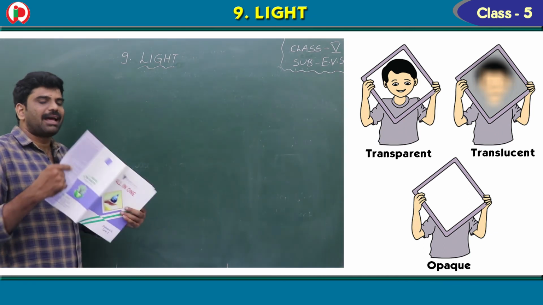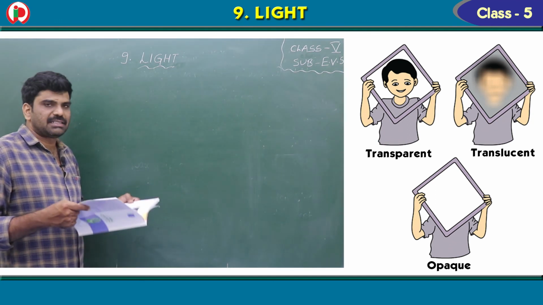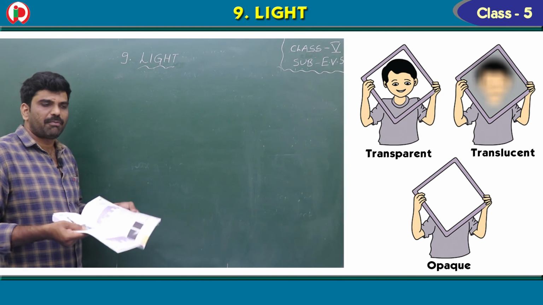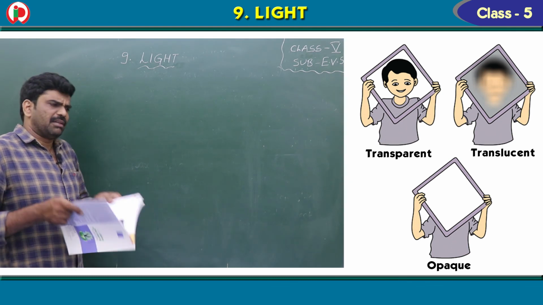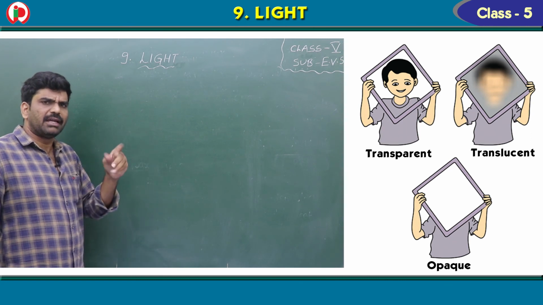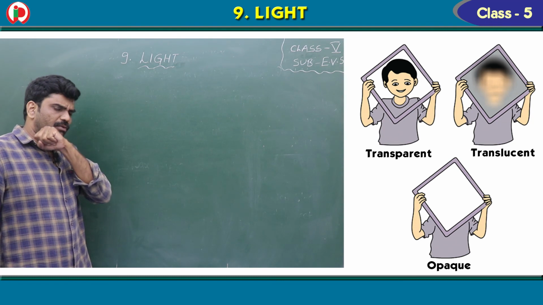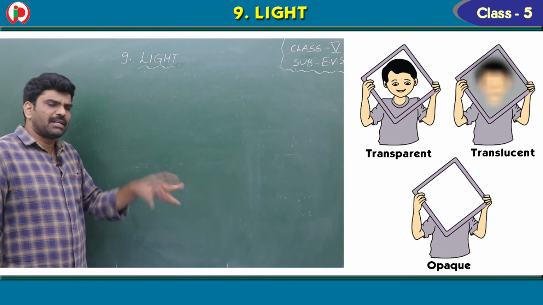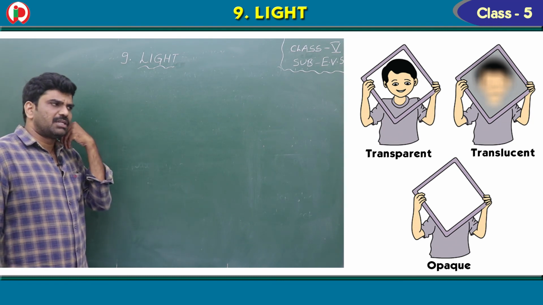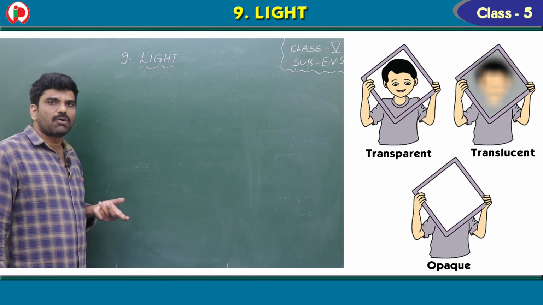The amount of light passing through an object decides whether it is transparent, translucent or opaque. If the light passes completely, it is transparent; partially, it is translucent; not at all, then the object doesn't allow the light and can be considered opaque.